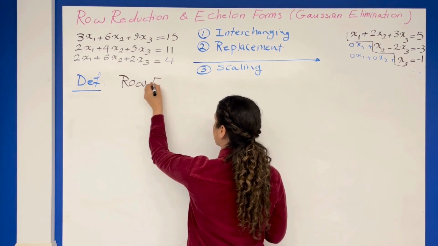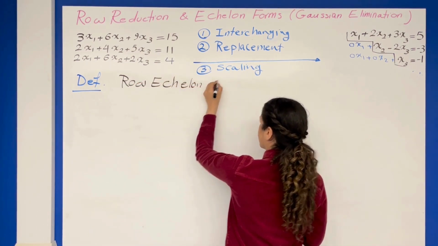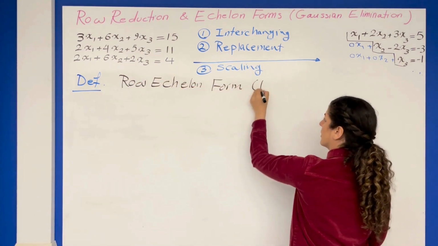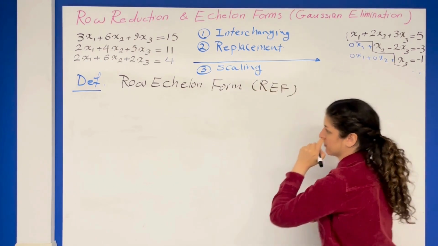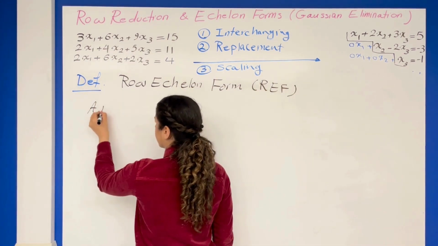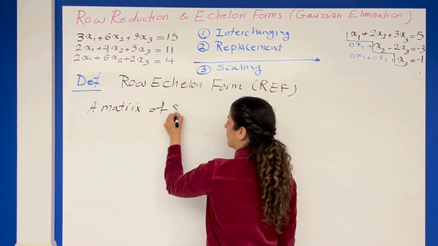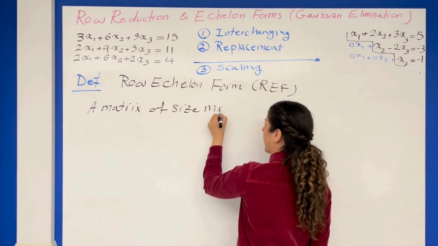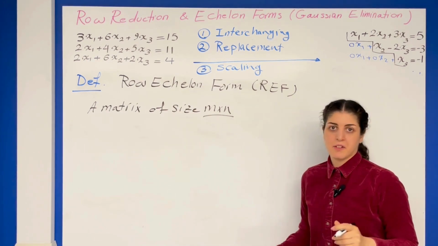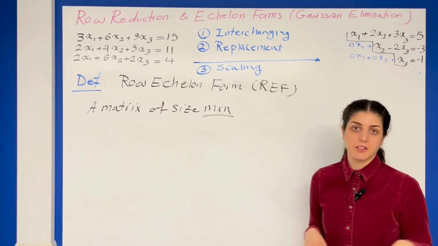Row echelon form, or REF. A matrix of size m by n. So I mean that the matrix can have any size. It can be a rectangular matrix.